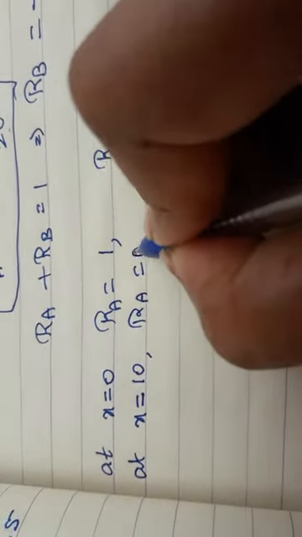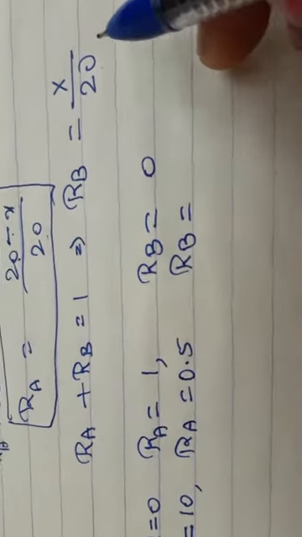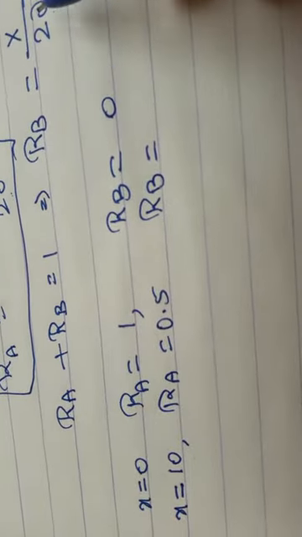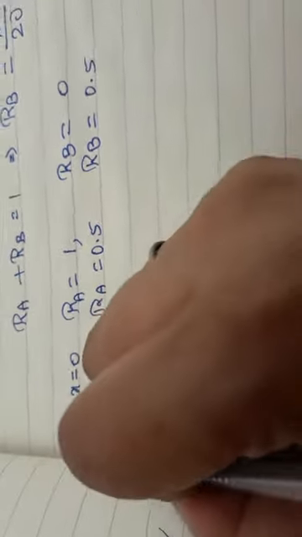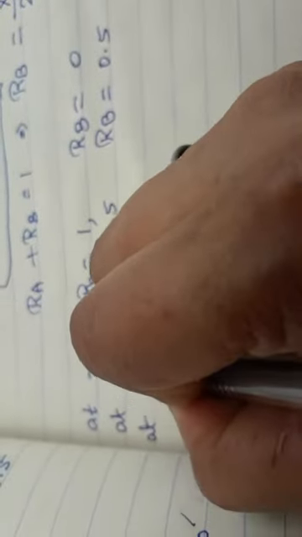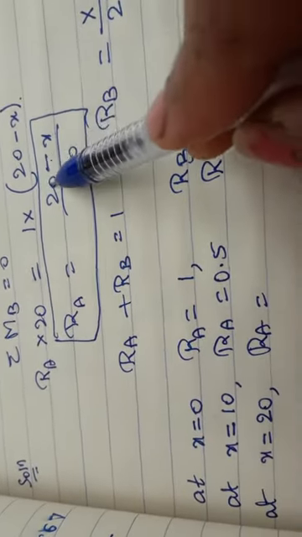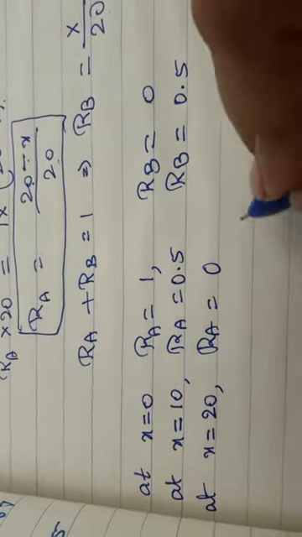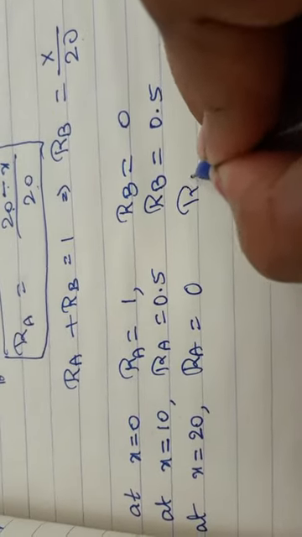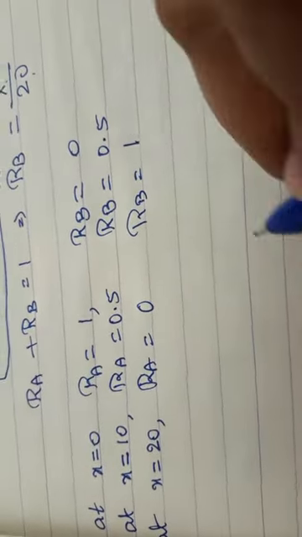So, RA is equal to 0.5 and RB is equal to 10 by 20, which is 0.5. In the same way, at X is equal to 20, RA is equal to 20 minus 20, that is 0, 0 by 20 is 0, and RB is equal to 20 by 20, which is 1.